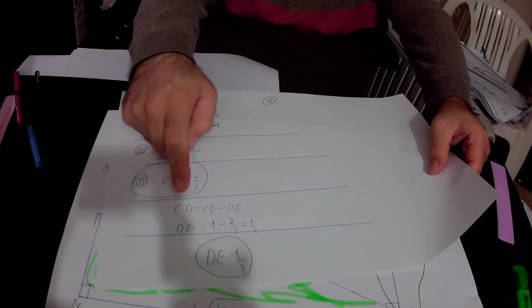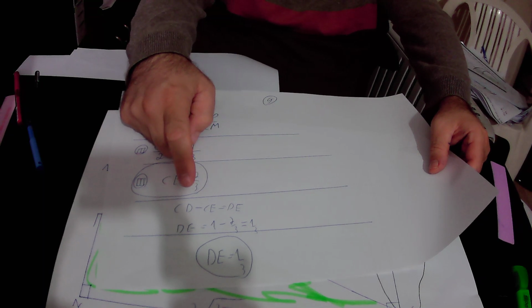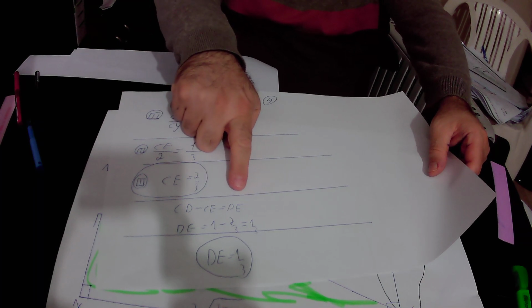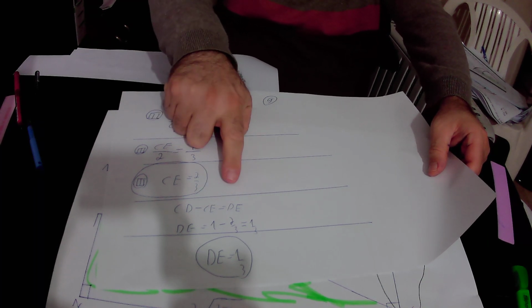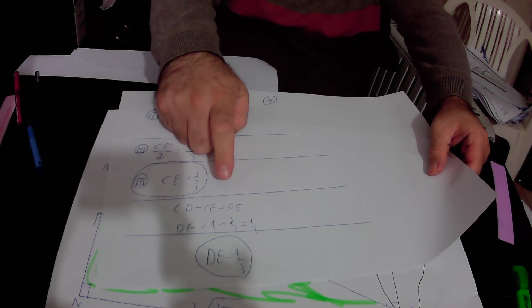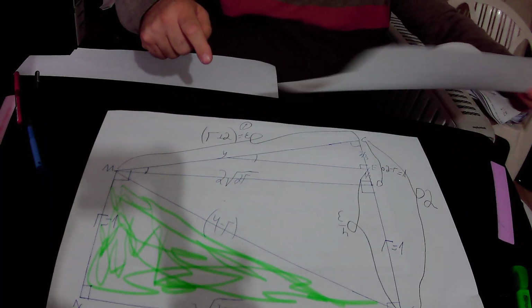So DE equals CD, that is 1, minus CE, that is 2/3, and 1 minus 2/3 equals 1/3. So we found out that DE equals 1/3.